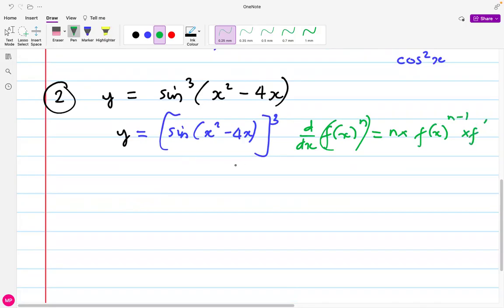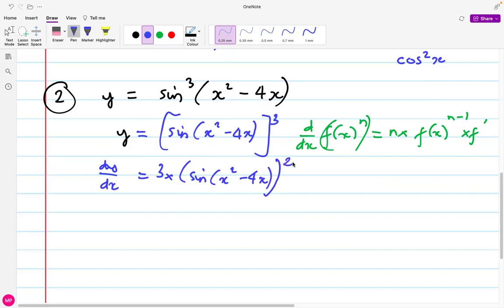If you forget, then please watch the previous video, where we talk about the derivative of the power function. So we're going to treat that as f of x and n equals 3. What we have would be dy over dx equals 3, we bring it down, times the whole thing f of x, and we take 1 off the power. So sin of x squared minus 4x, and when you take 1 off, 3 minus 1 becomes 2.